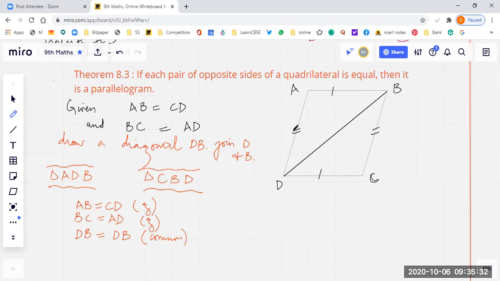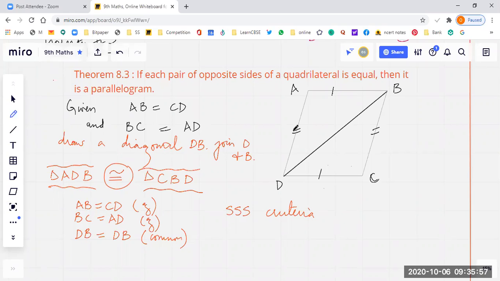So by which criteria can I prove that these triangles are congruent? Side, side, side criteria. I can prove these triangles are congruent. You know, students, why this symbol is like this? Equal means their area is equal, they're similar also.